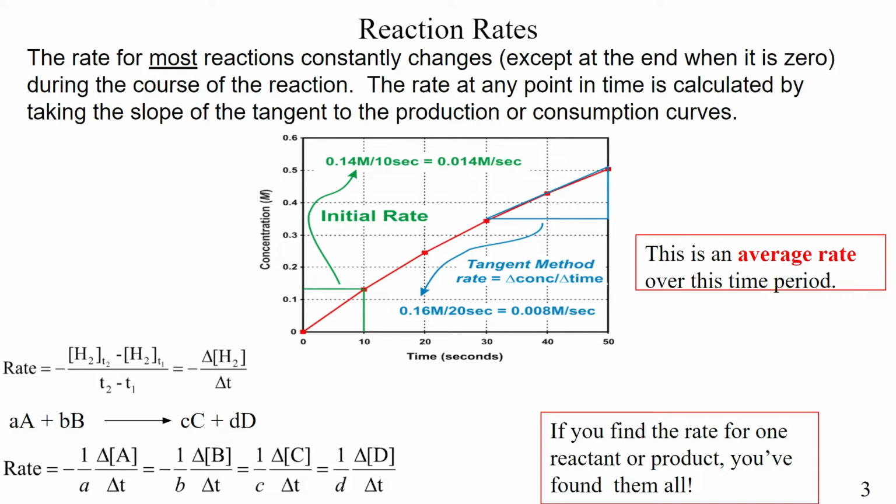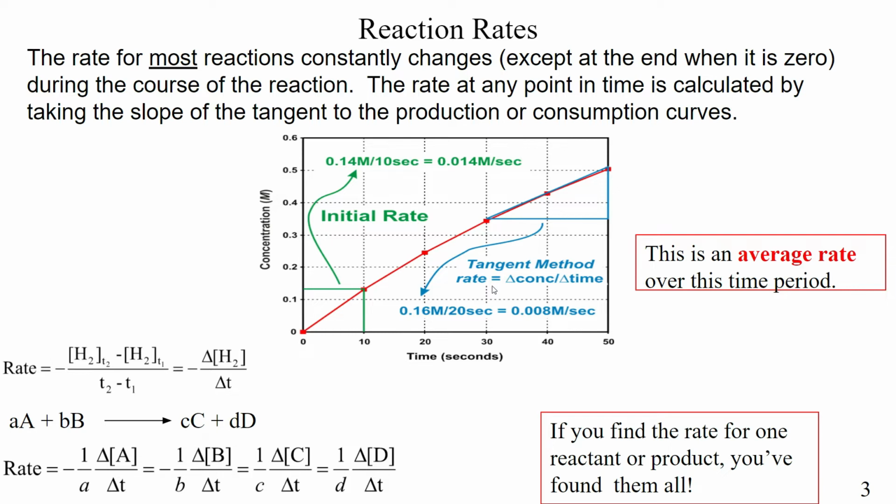What if we're trying to figure out our rate over a specific time? How are we going to do that? In this case, we'll have to use what we call our tangent method over here. Basically, to find a rate, we do the same thing we did over here: the concentration divided by the time.